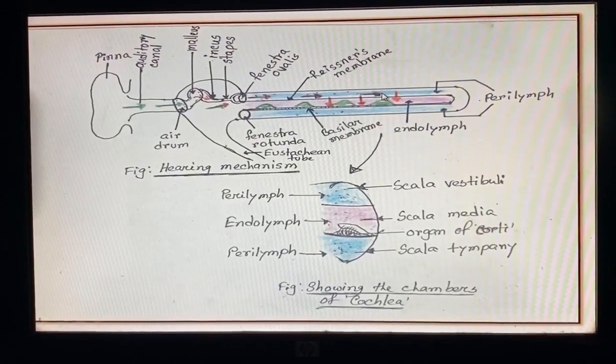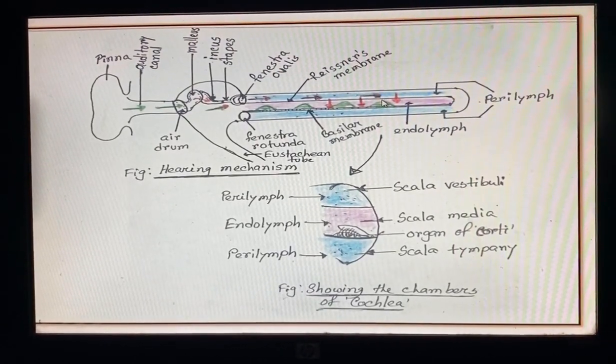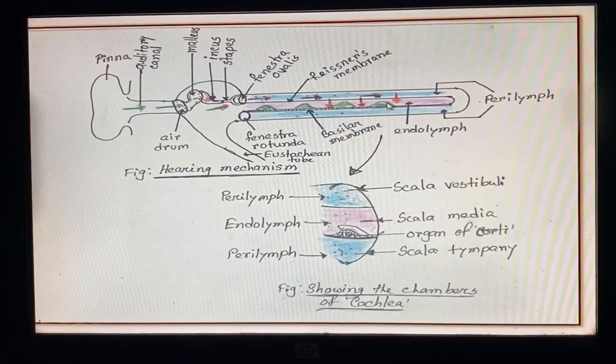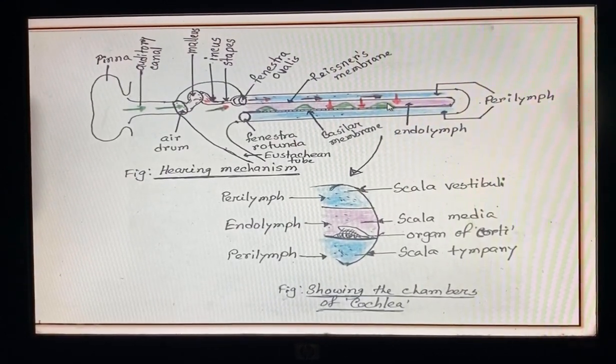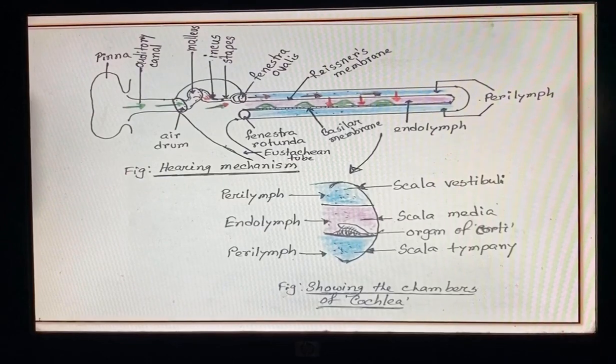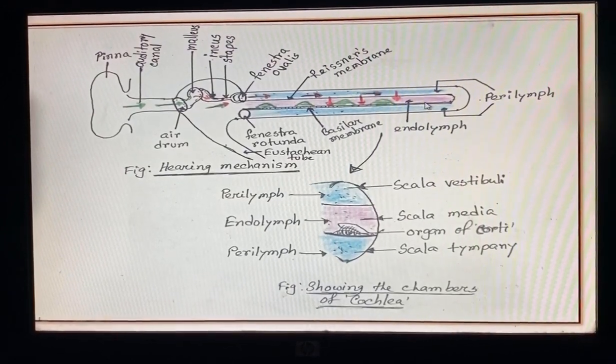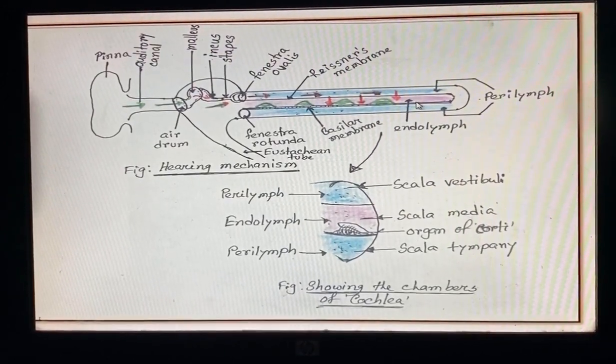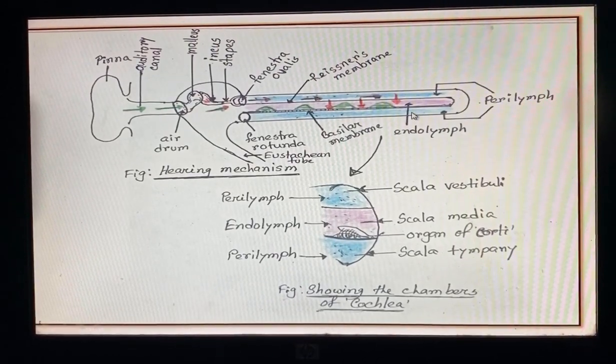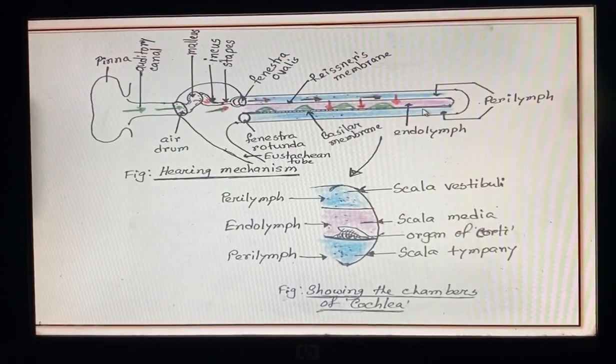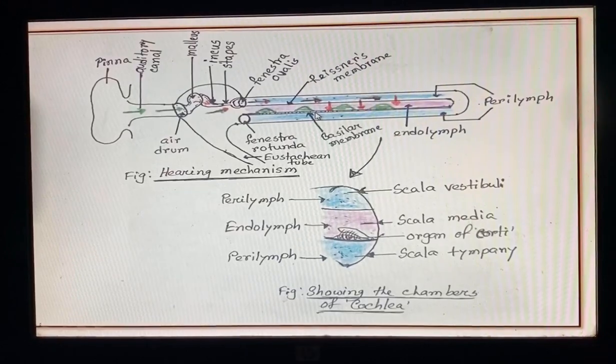The first chamber and the second chamber, that means scala vestibuli and scala media, are separated by the vestibular membrane, and the scala media and the scala tympani are separated by the basilar membrane.